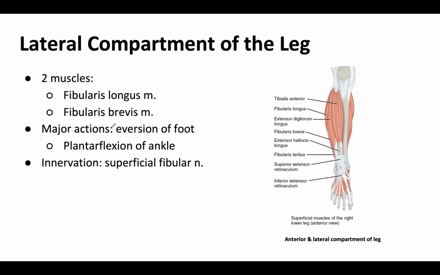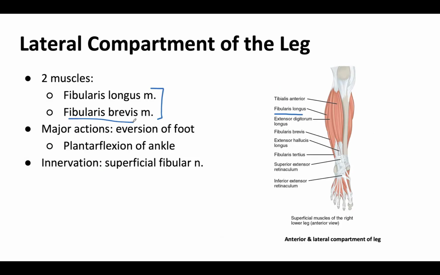Let's talk about some other everters, the muscles in the lateral compartment of the leg. This is definitely the smallest compartment of the leg. It actually only consists of 2 muscles. These are the fibularis longus, which is longer, as its name would suggest. It's also superficial to the fibularis brevis.